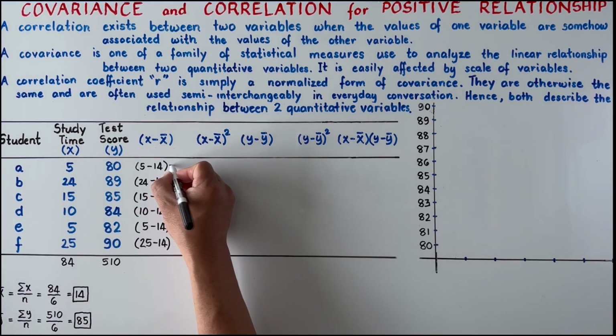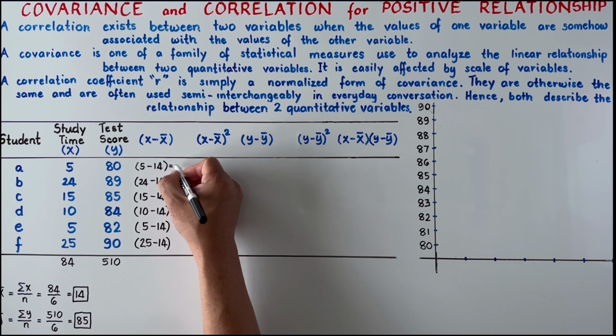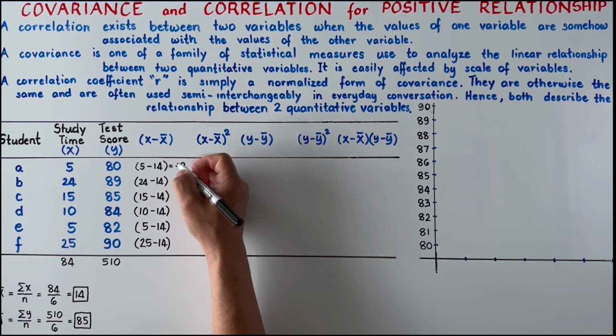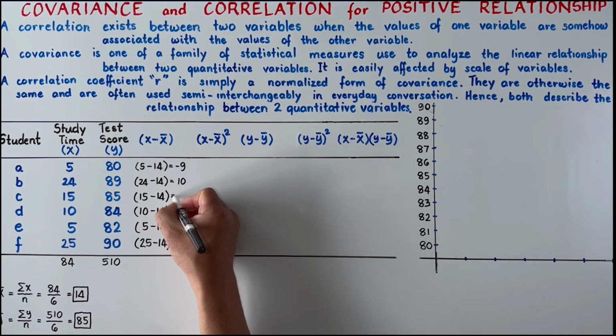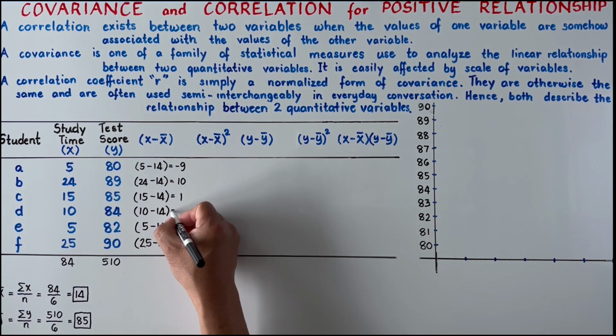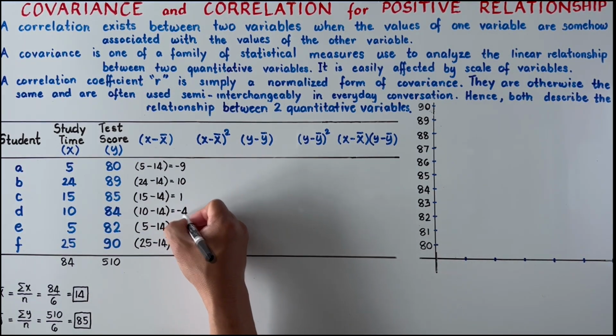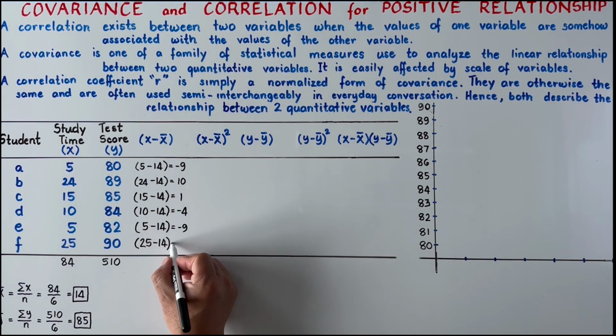And if you subtract 14 from 5, it gives you a difference of negative 9. And also this one, 24 minus 14 is 10, and 15 minus 14 is 1, and 10 minus 14 is negative 4, and 5 minus 14 is negative 9, and we have 25 minus 14, it's 11.